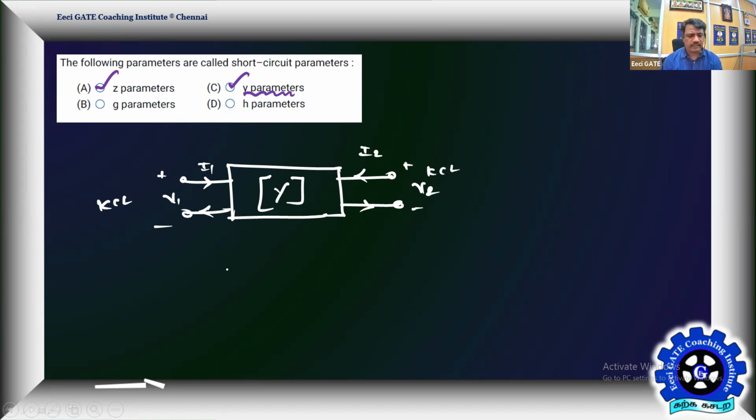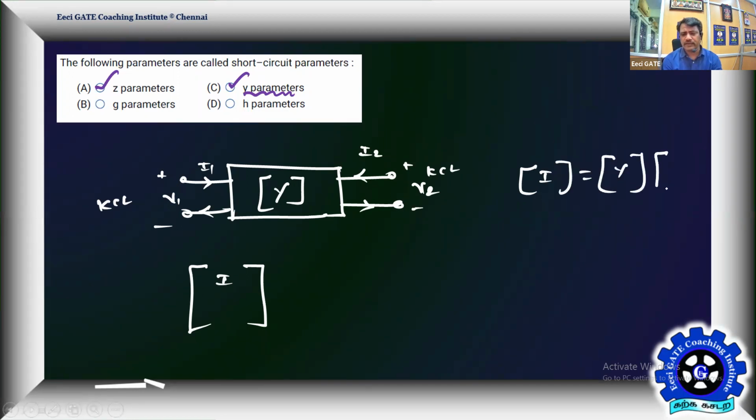So therefore, the two-port network expression becomes I1, I2, that's the input matrix, your left side matrix. Shortly, remember it as I is equal to the Y matrix into your voltage. Y into V, it is ohm inverse into volt, which becomes amps. That's balanced. Then it's I1, I2.